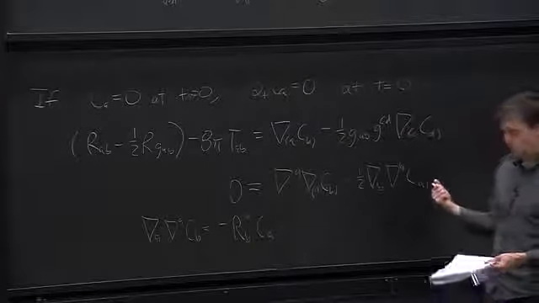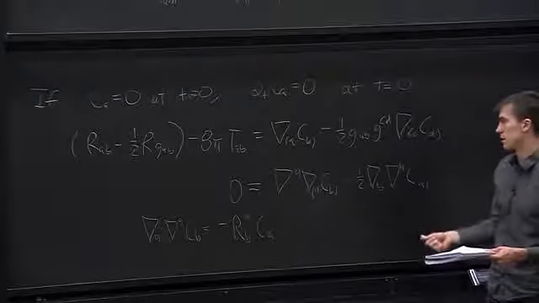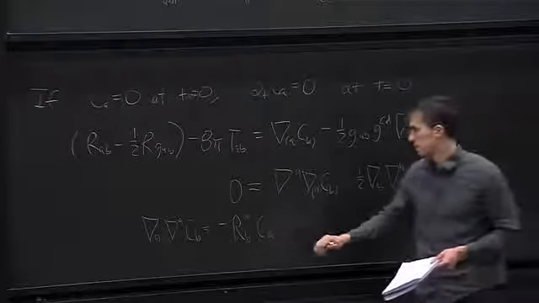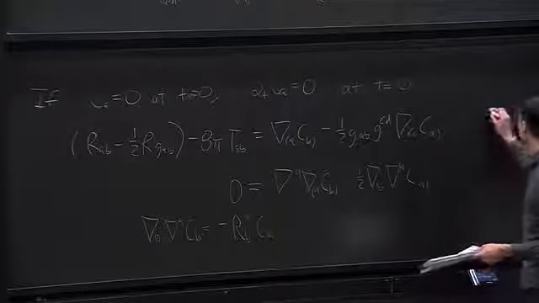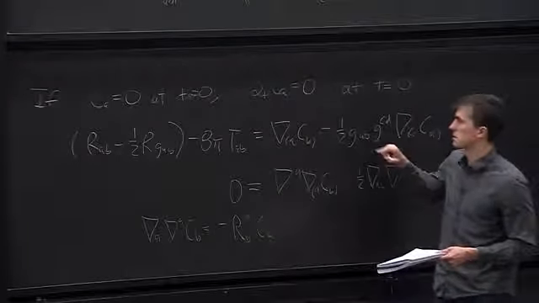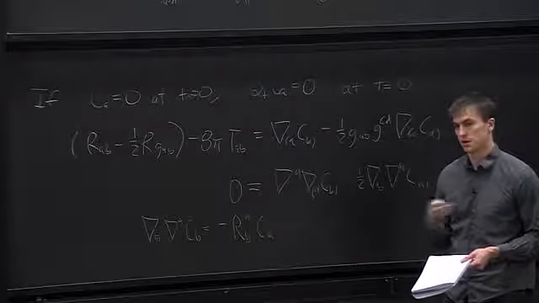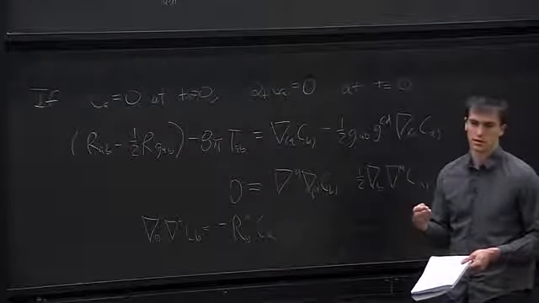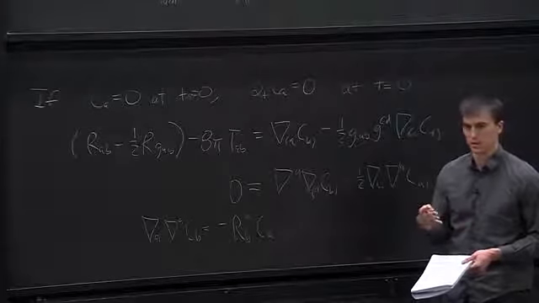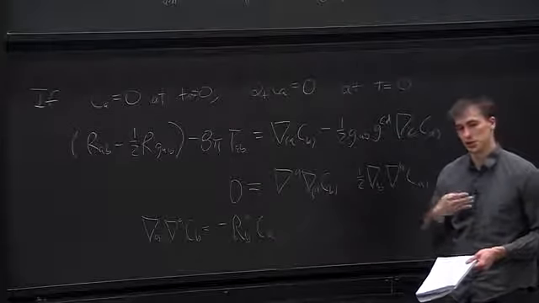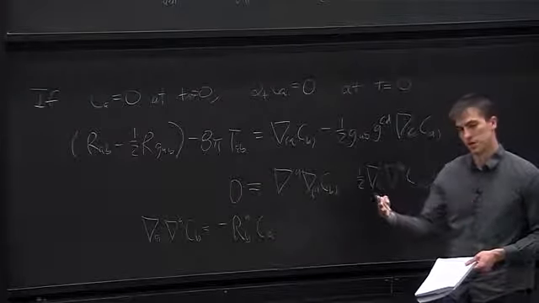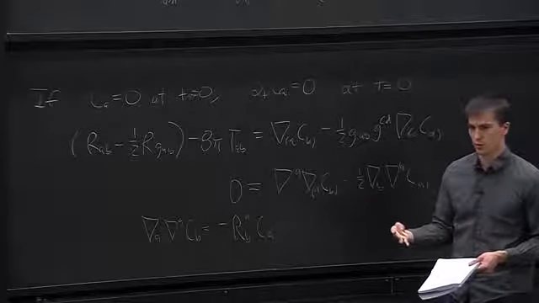So in practice, actually checking that this condition, C^A equals 0 for all time, holds true is a very non-trivial check that people do all the time to ensure that when they're carrying out these numerical simulations, they're doing everything correctly.